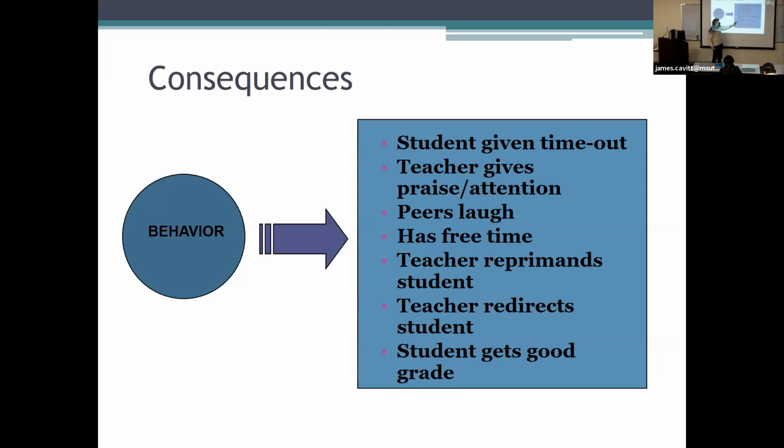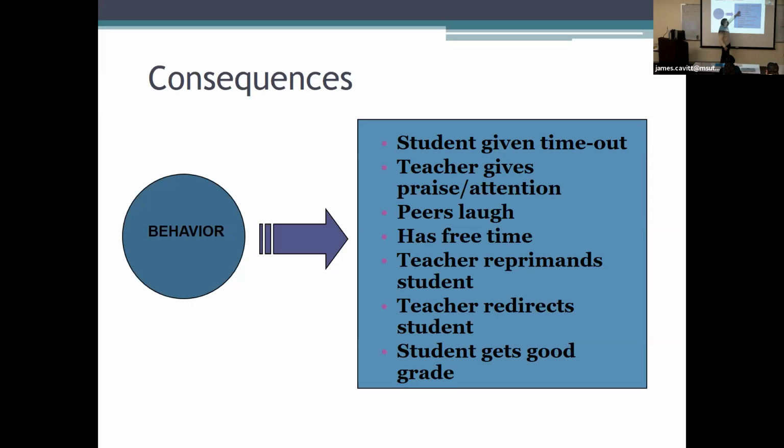When we start looking at these things, we can start seeing, okay, if the student did a behavior, and then he was given a timeout, where he doesn't have to do the task, does that go with escape or obtain? It's kind of an escape, isn't it? So you're starting to see how it works.